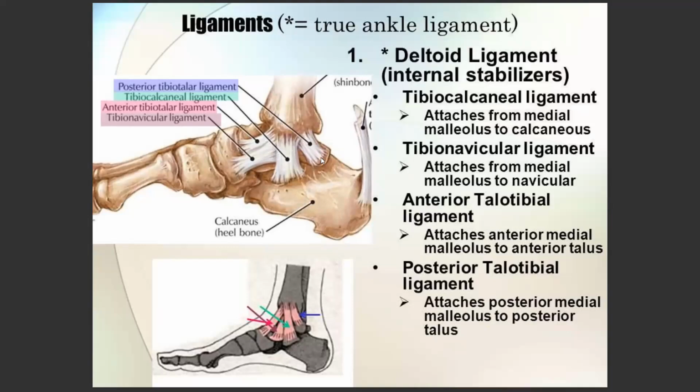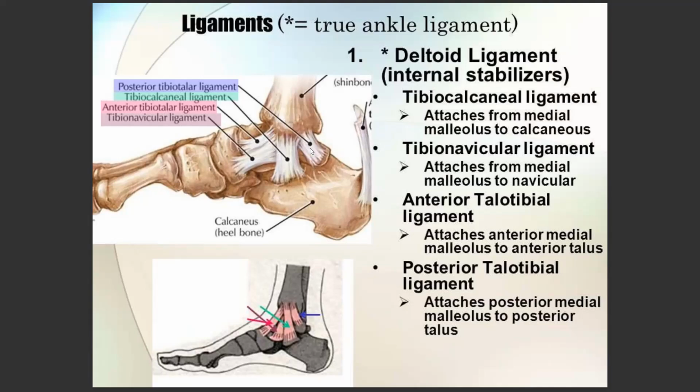This one is the posterior tibiotalar ligament, which is between the tibia and talus. This one is the tibiocalcaneal ligament, between the tibia and the calcaneus bone. This most anterior, superior one is the anterior tibiotalar ligament, again between the talus bone and the tibia.